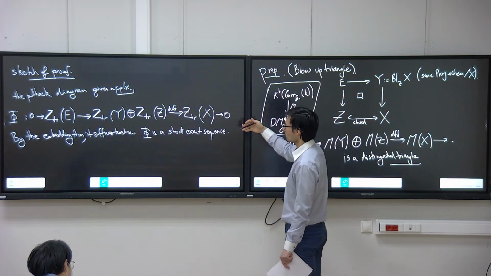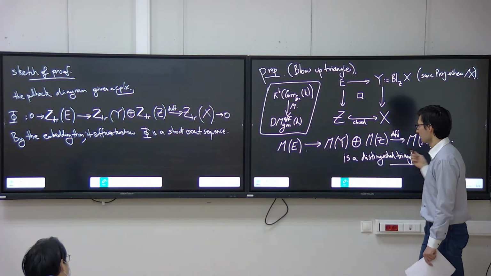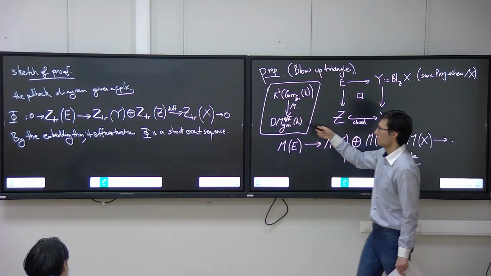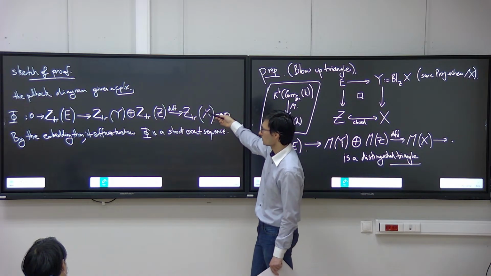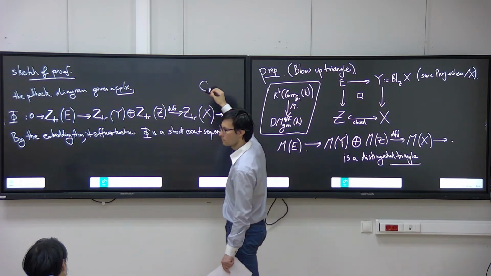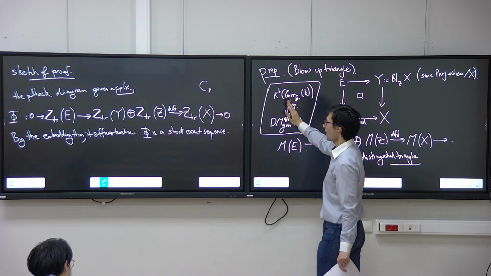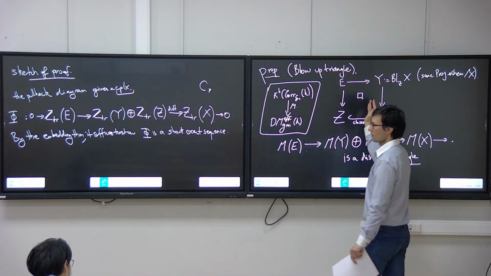Because this triangle, or this complex, let's say, it's just coming from this sequence and then applying C star, right? I mean, C star was the map which was parallel to M on the other side.